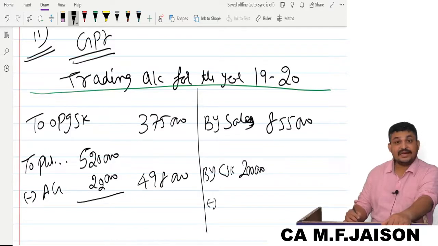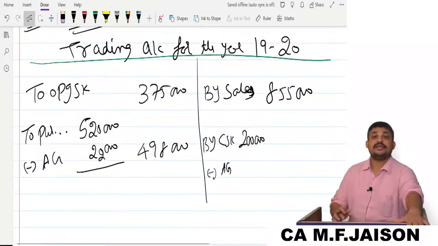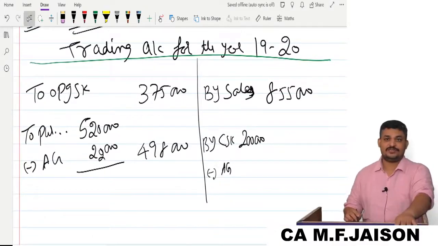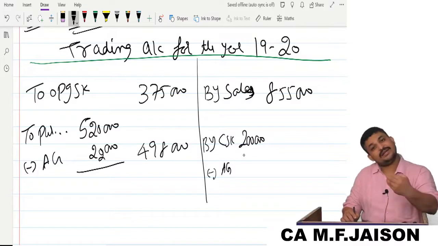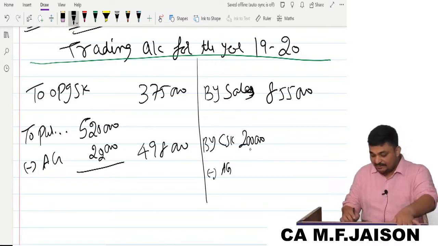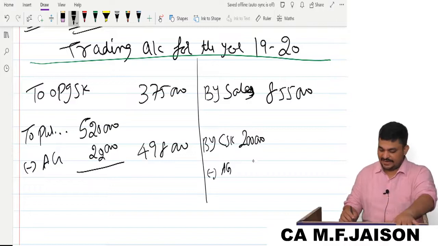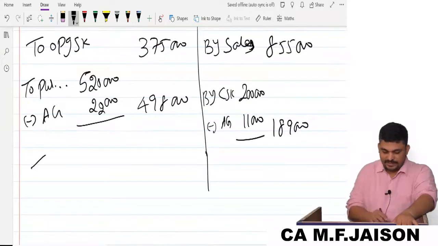Should I add or deduct? Deduct. Adding is only the restoration approach; don't commit the mistake. Whatever is included here you should eliminate. It was already reduced by 11,000, so the remaining 11,000 is included. By deducting that, you get 1,89,000. Then you will get the gross profit.